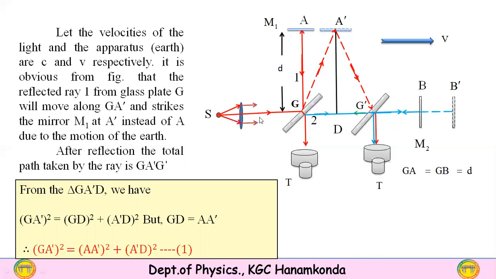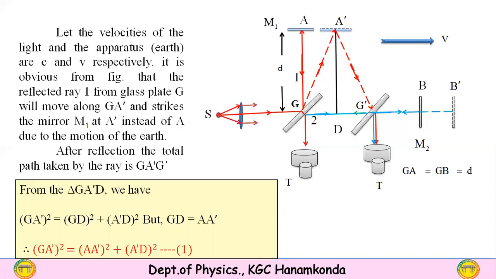After reflection, this ray travels the total path GA dash plus A dash G dash, that is GA dash G dash. This is the total path traveled by the reflected ray.